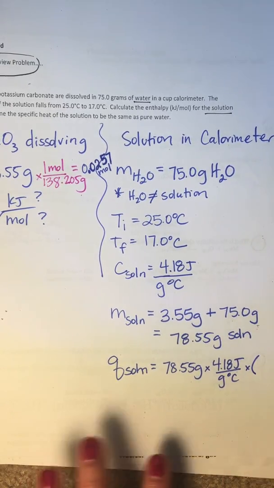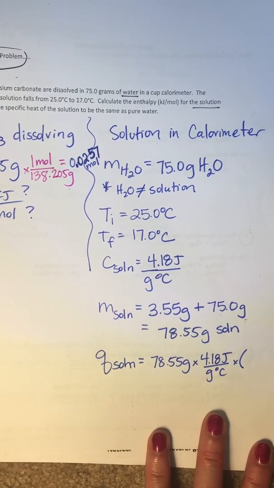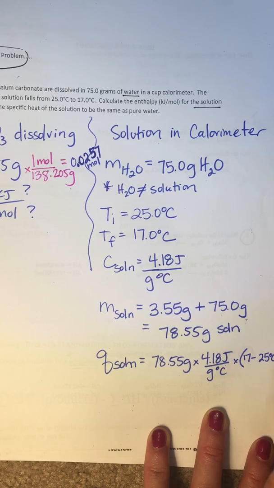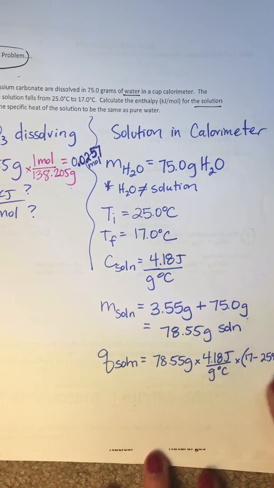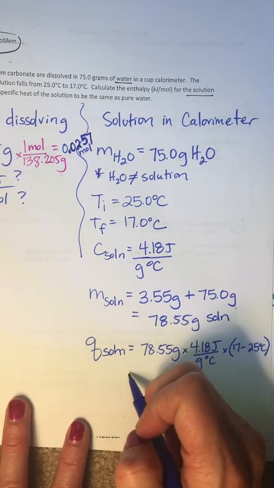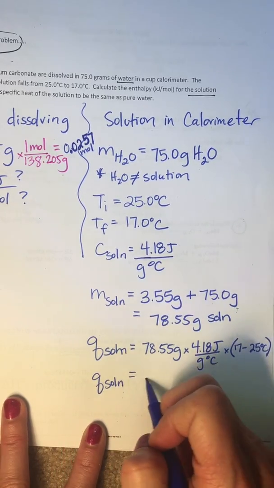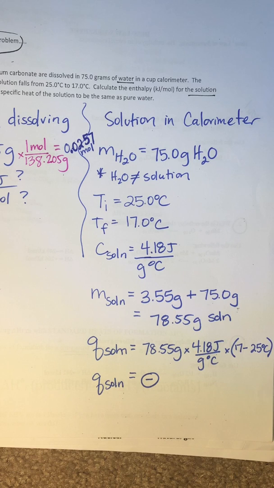And then we have our change in temperature. Remember, it's final minus initial, so 17 minus 25. Okay, notice that's going to give us a negative change in temperature. So the Q for our solution is going to be negative, and let me go ahead and multiply that out, and you should be doing that at home along with me.